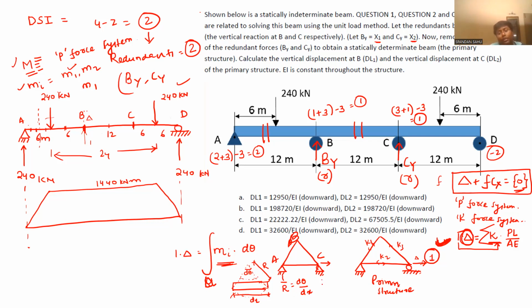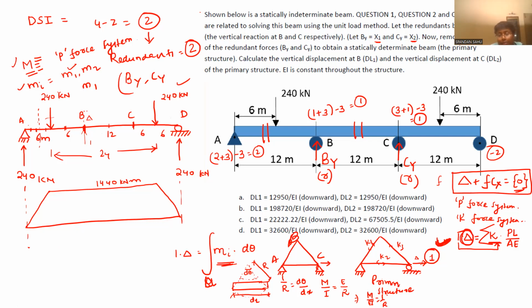Now M by I will be equal to E by R. And from here, you know 1 by R equal to d theta by dx. So M by EI will be equal to 1 by R, equal to d theta by dx.